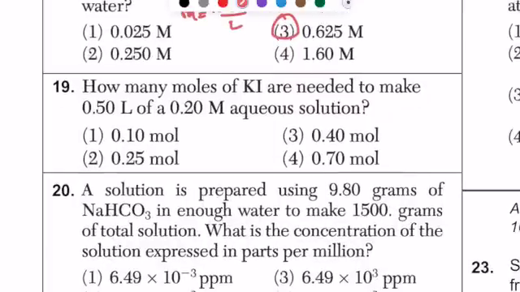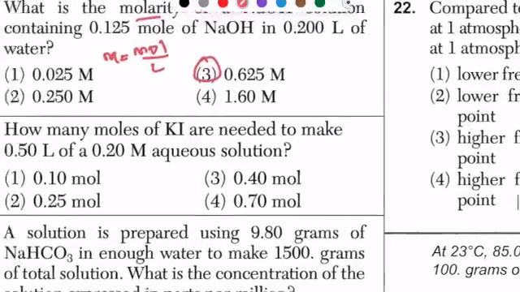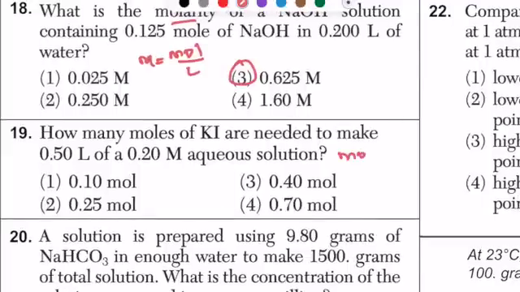How many moles of KI are needed to make 0.5 liters of a 0.2 molar aqueous solution? We once again use the same equation, but this time we are solving for moles. So we just multiply the molarity and the liters. 0.5 times 0.2 gives us about 0.1 moles.